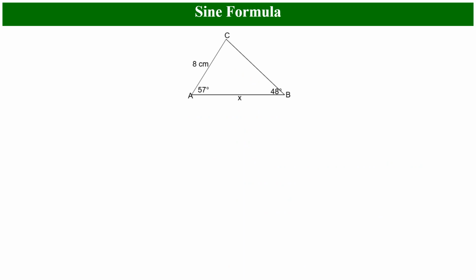So we can simply find angle C by taking 180 degrees minus the other two angles. So x is opposite that angle there. And now let's find the angle C. And as we said, it's 180 minus 57 minus 48, and that's 75 degrees. So now we've got angle C.